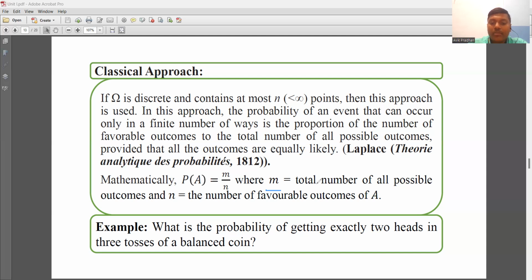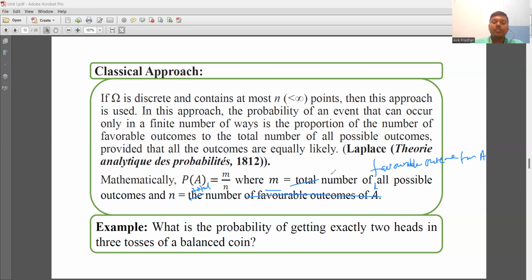M is the number of favorable outcomes for A, and N is the total number of outcomes. So basically, this will give you a ratio which is less than or equal to 1, and it is obviously greater than or equal to 0.